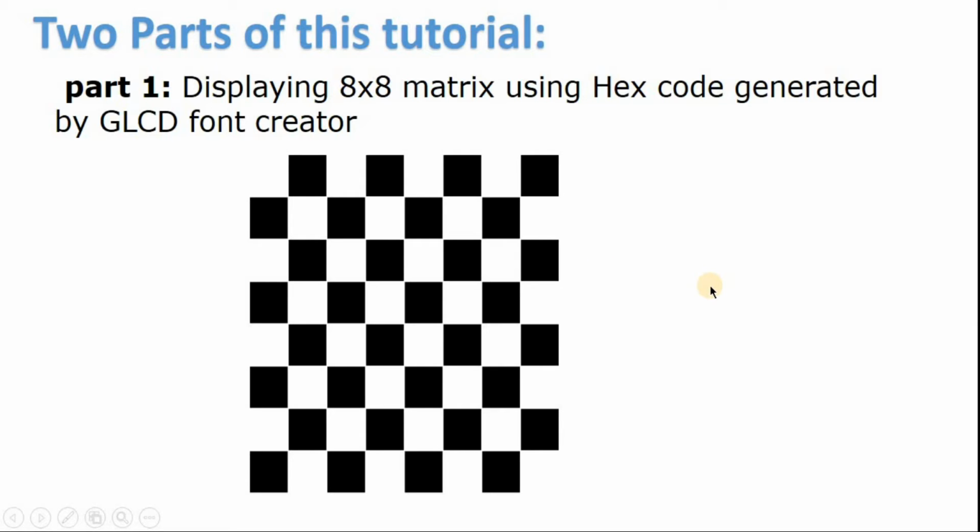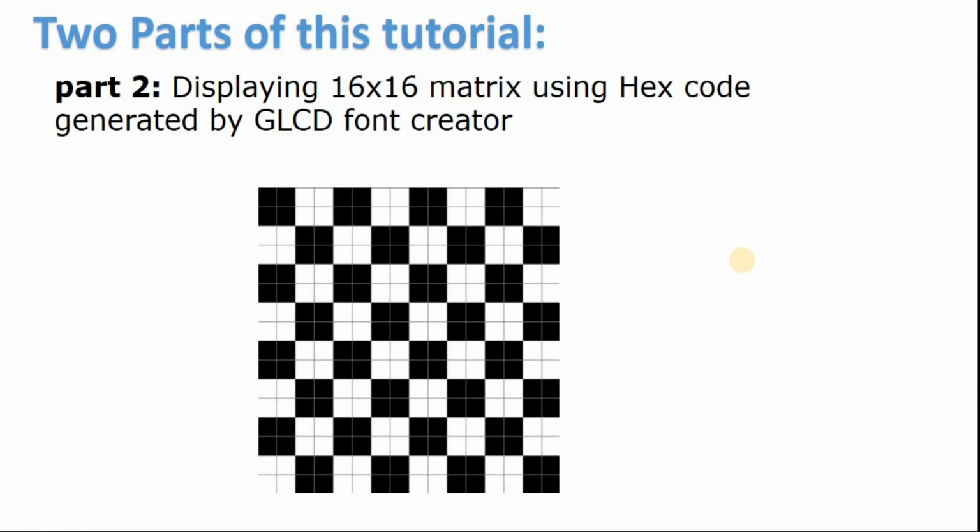In part 1, we will use GLCD font creator software for generating hex code for this pattern, and in part 2 we will display this pattern on a 16 by 16 matrix, and the hex code for this 16 by 16 matrix will be generated by this GLCD font creator.